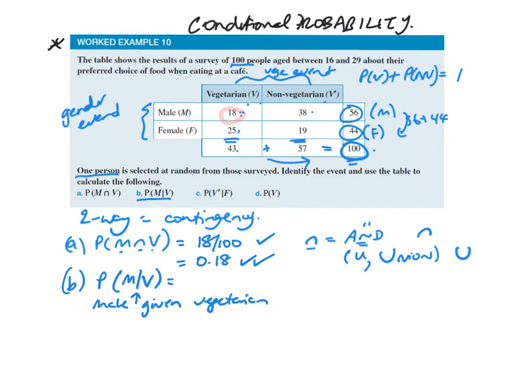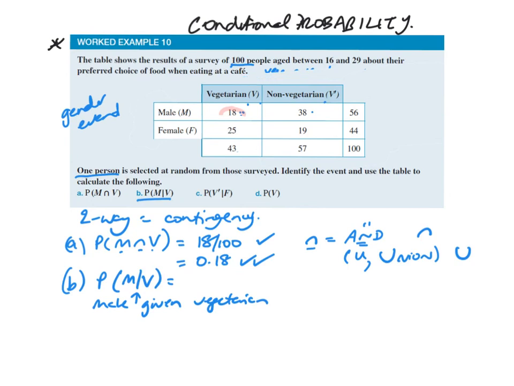I'm just going to rub out my table annotations so we can make room to annotate for some of these questions. What B requires us to do is given vegetarian. We don't care about the non-vegetarians. We simply care about the vegetarian group, so we're interested in 43 people. That becomes our subtotal.